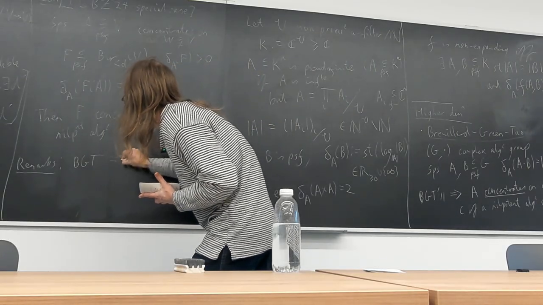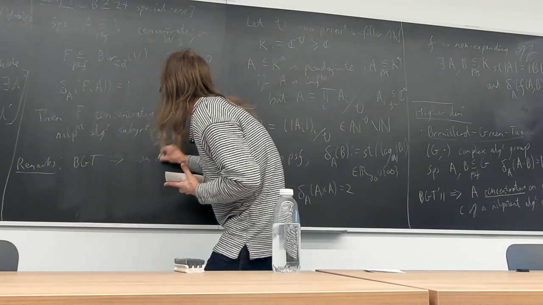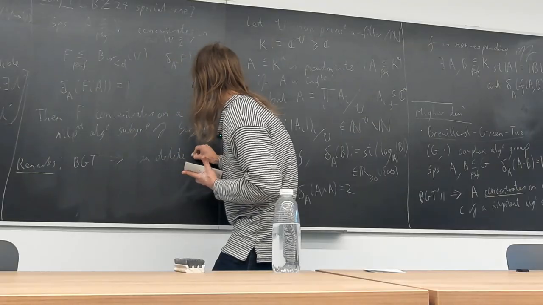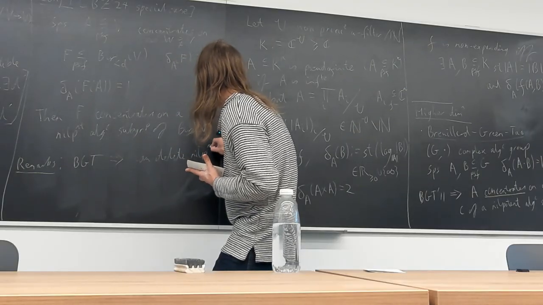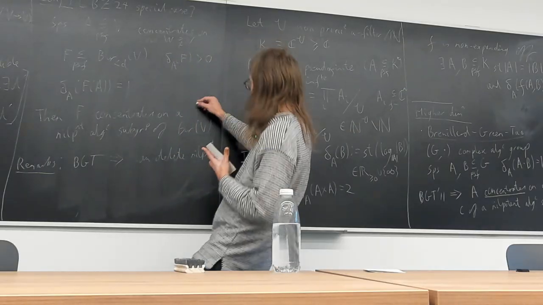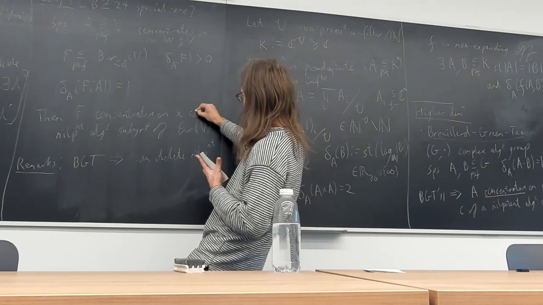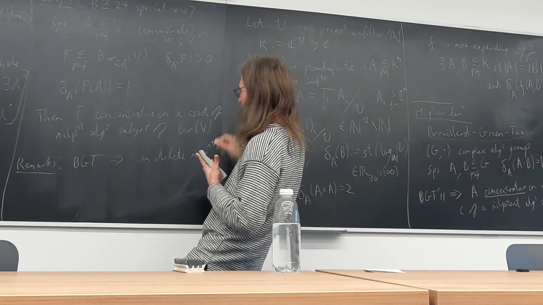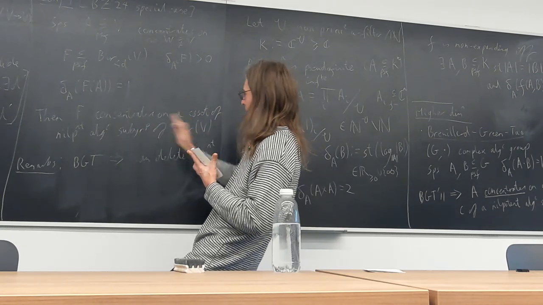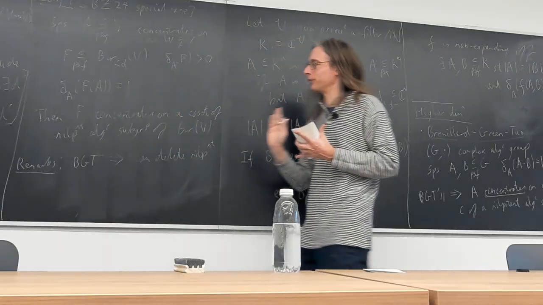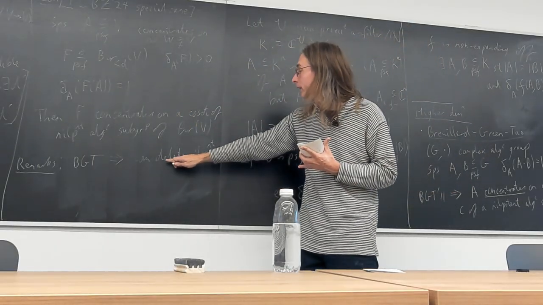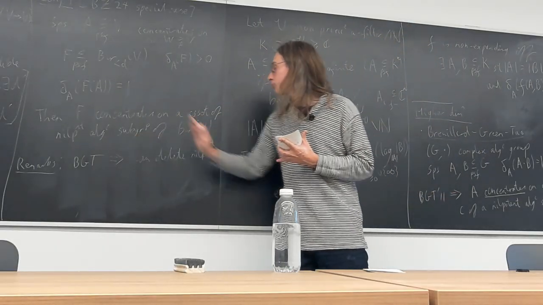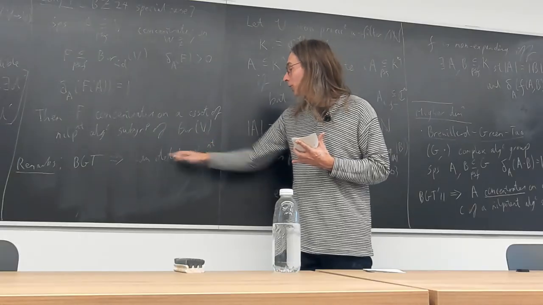If we can prove that F concentrates on a coset of a nilpotent algebraic subgroup, sorry, I missed coset. If we can just get down to a coset of an arbitrary algebraic subgroup, then it will be nilpotent.